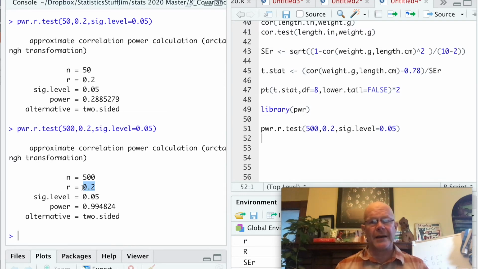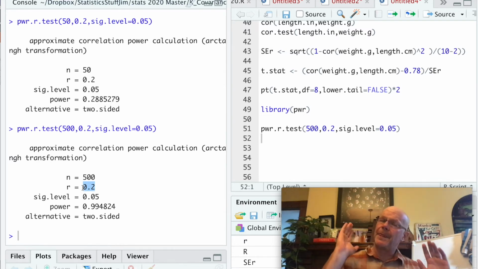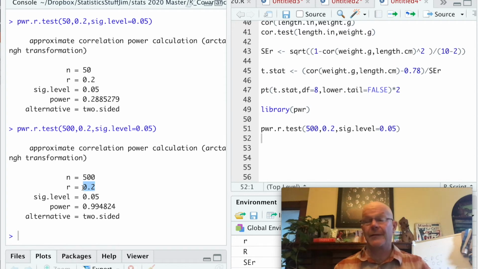So in the notes that I put up there, I go through all the different power curves again, just like we did with the t-distribution, just to remind you of the relationship between power and sample size and effect size and significance level, because it's a really good habit to get into, to at least be aware of your power.